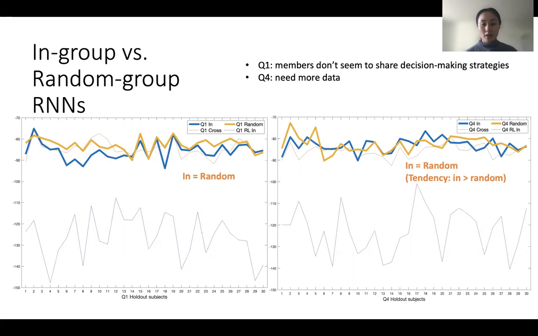Whereas for Q4, because we only had 30 iterations, we probably need more data to confirm this relationship. But for now, at least, the results seem to show a tendency that in-group RNNs do better than random group RNNs, which would suggest that members within Q4 might be more behaviorally similar with each other than members within Q1.